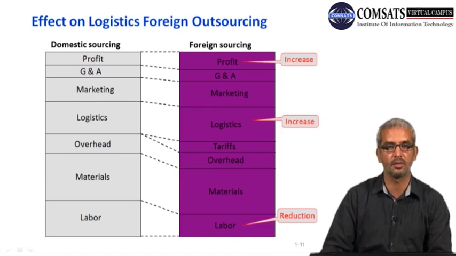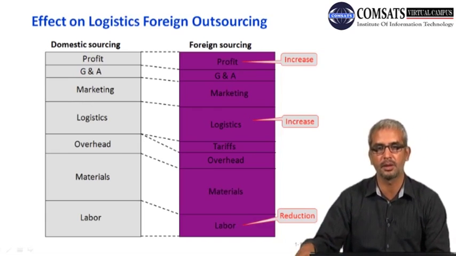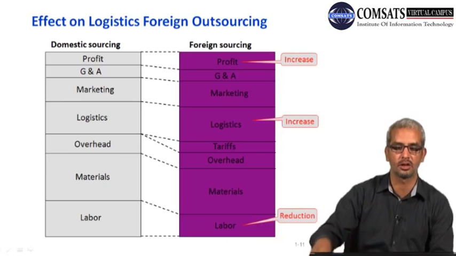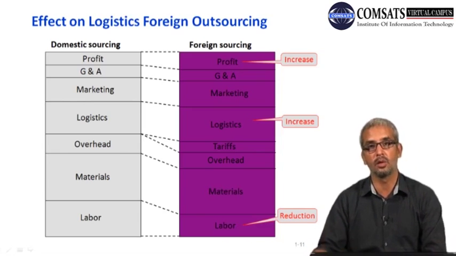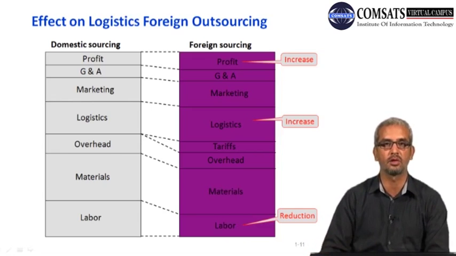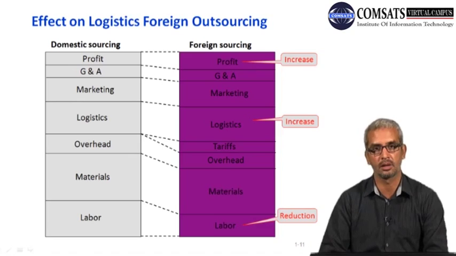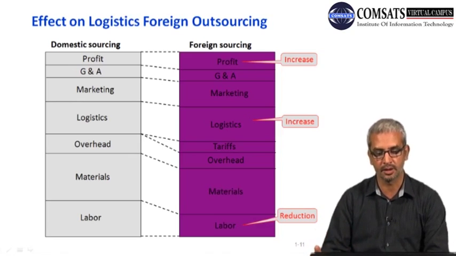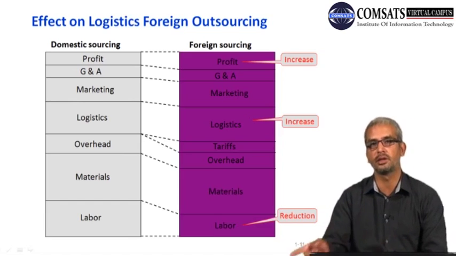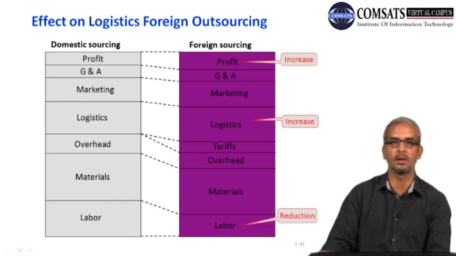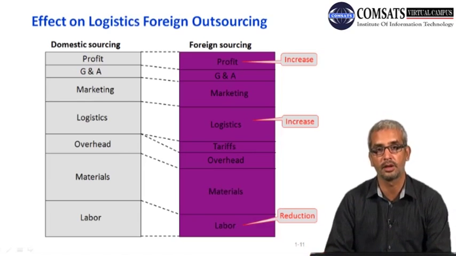I said there is a trade-off between tapping cheaper labor and raw material against logistic costs. The overheads are increased, and with going global there is a role of tariffs also, which was not previously a part of the whole costing system. Cost of material might reduce if you are going towards cheaper raw material, or if you are going towards cheaper labor, then the cost of labor would reduce.